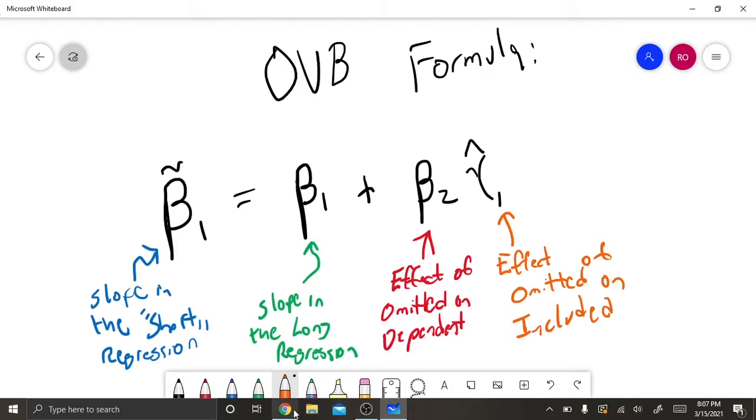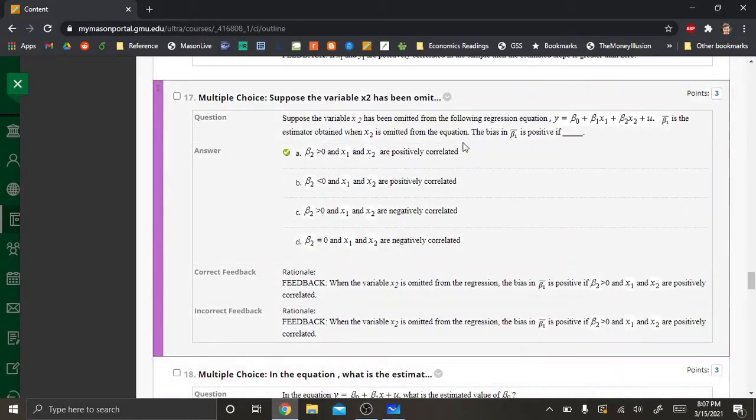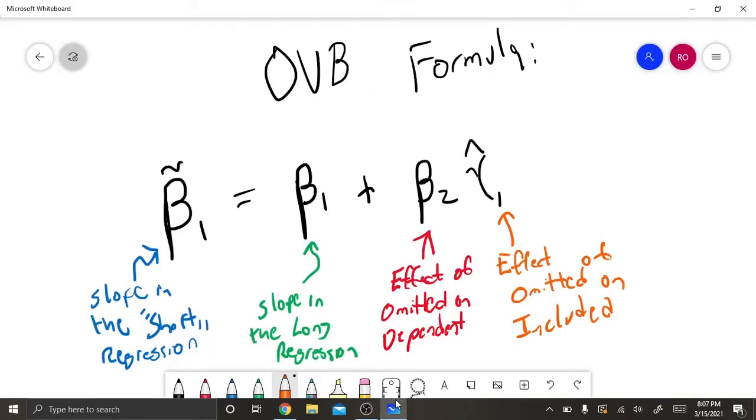Okay, so it's asking, the bias is positive, so this is our bias term here. We're asking, when is this going to be positive? Well, we need this term, beta 2, to be positive, and this term, gamma 1 hat, to be positive. So we need there to be a positive relationship between our omitted variable and our dependent variable, and we need there to be a positive relationship between our omitted variable and our included variable.